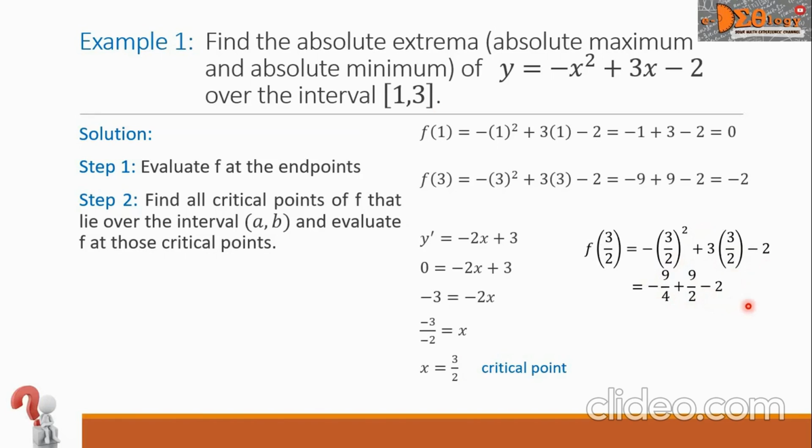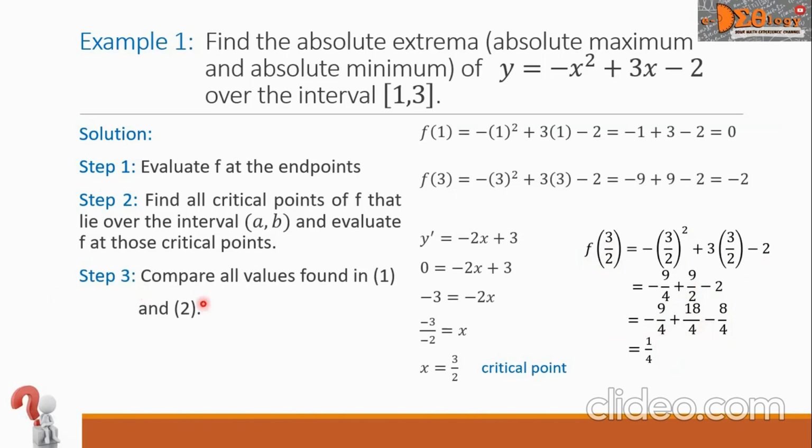In the next step, let us show equivalent fractions with the same denominator. So we have negative 9 over 4 plus 9 over 2 becomes 18 over 4, minus the whole number 2, which is now 8 over 4. Combining like fractions, we have the final answer to be 1 over 4. So f of 3 over 2 is equal to 1 over 4.